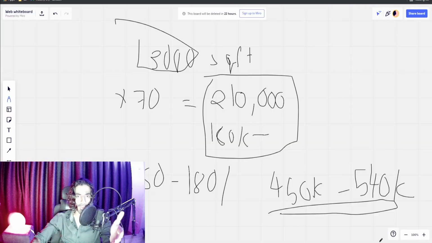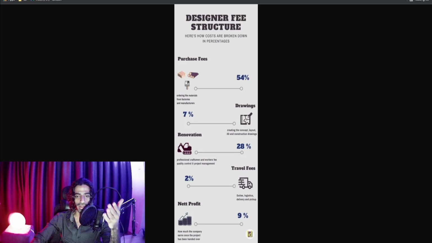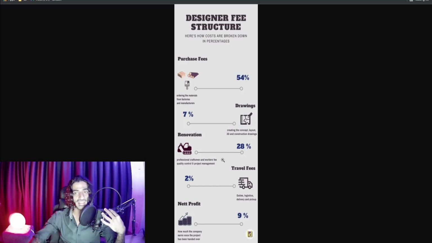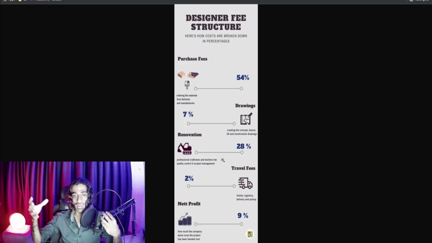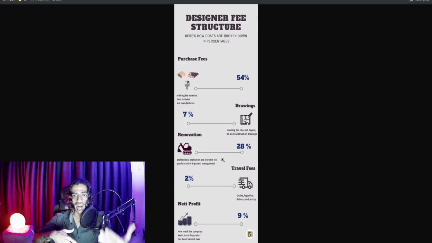So once you've calculated your fees, you want to know how your fees are broken down and where the money flows, right? You want to know how much goes to your project and how much the designer pockets. The reason you need to know this is because once you have this transparent breakdown, you can feel confident that whoever you're hiring is being honest about where the money is being spent.